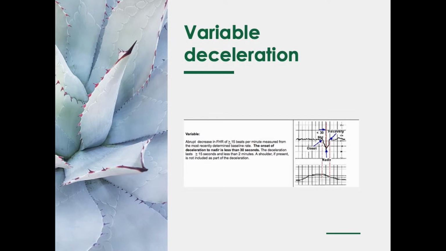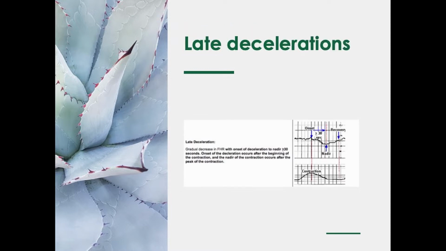You have to have a 15-point drop in the deceleration to have it affect fetal health. The onset of the deceleration to nadir is less than 30 seconds, and the deceleration has to last more than 15 seconds and under 2 minutes. A shoulder, if present, is not included as part of the deceleration. Shoulders are when you see these accelerations on either side. They do not count in the time of the deceleration.